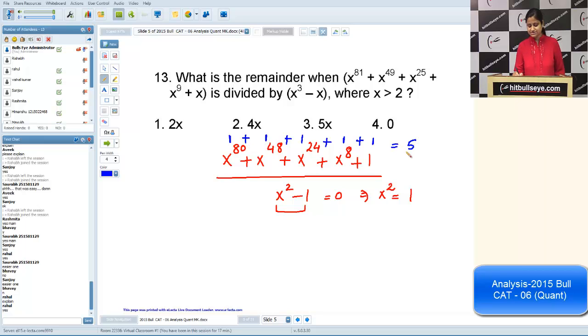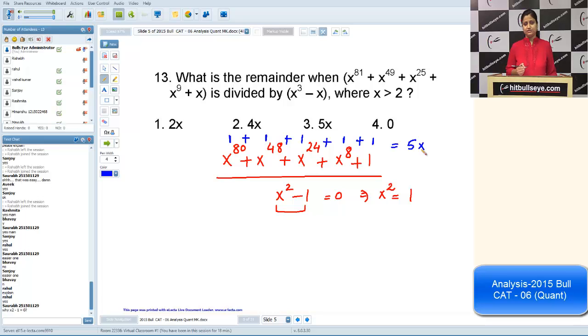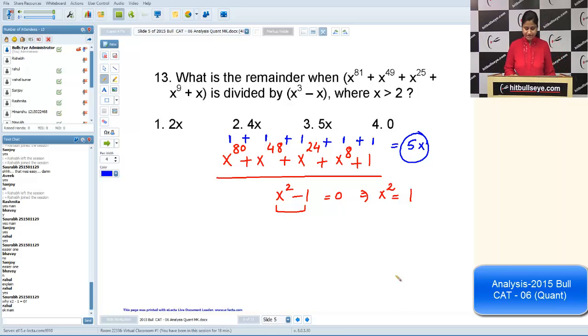So what should be the answer in this case? 5? No. 5 will not be the final answer. It will be 5x. Because whenever we cancel anything from numerator and denominator, we solve our sum, and finally, whatever be the answer, we'll multiply the cancellation factor. So what is the answer here? 5x. Is it okay?